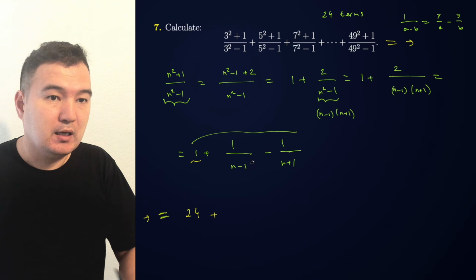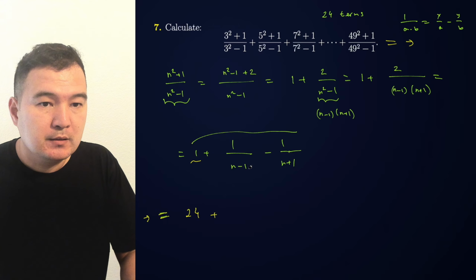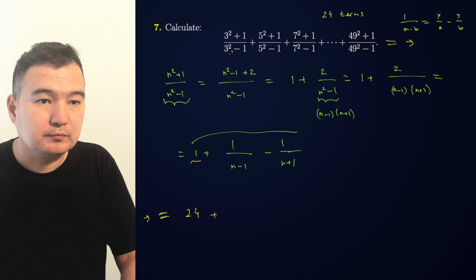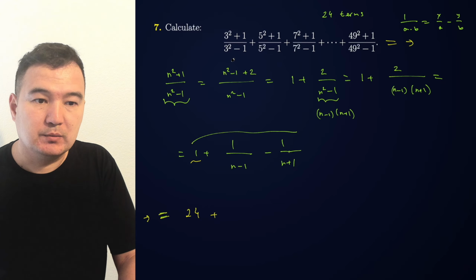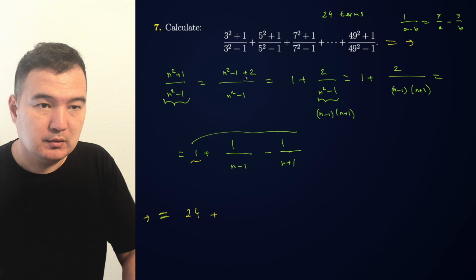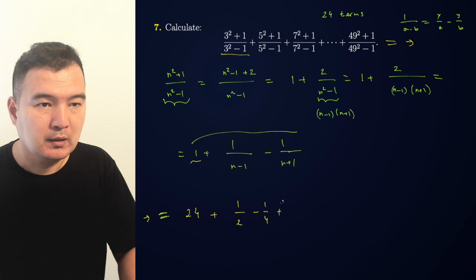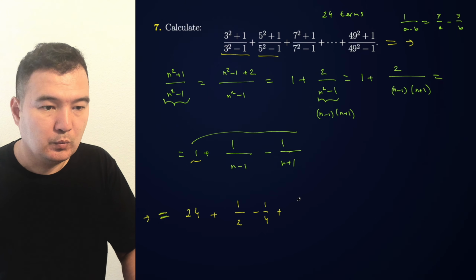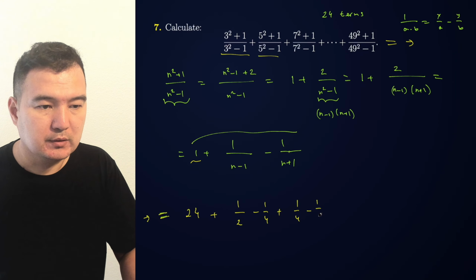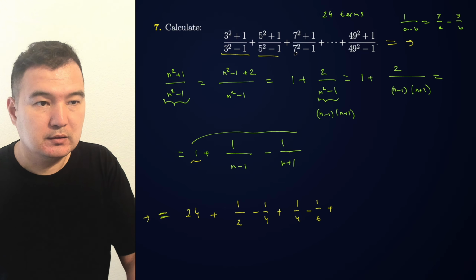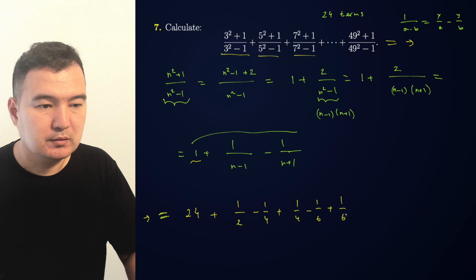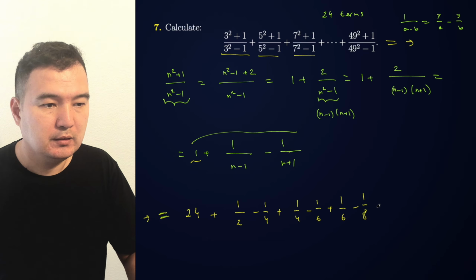And then the next terms are, so n minus 1 and n plus 1. That's like 3 minus 1 and 3 plus 1. So the first term is 1 over 2 minus 1 over 4. And then this one is 1 over 4 minus 1 over 6. And then the next one is 1 over 6 minus 1 over 8.